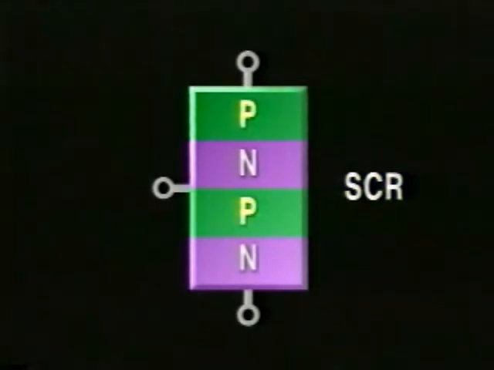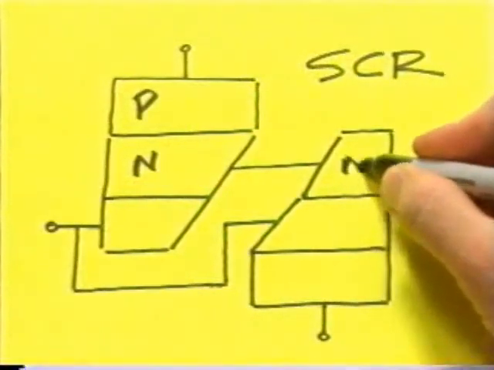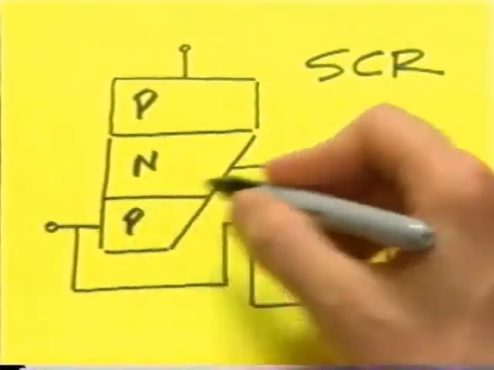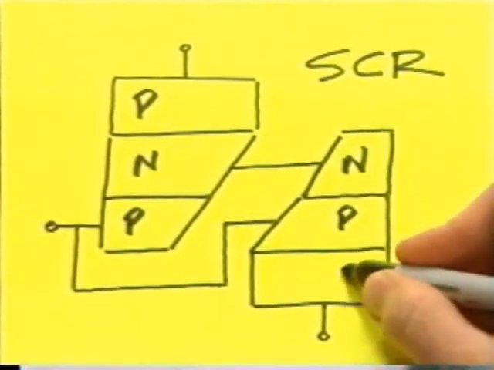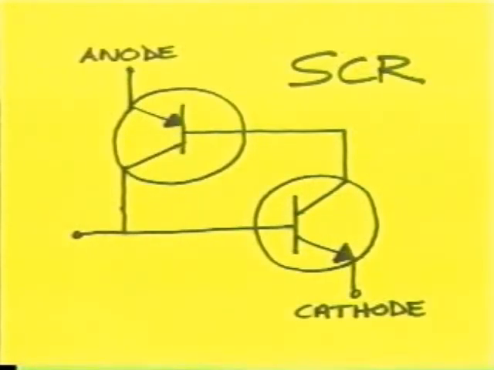The SCR is composed of alternating layers of P and N material. The 3 leads are identified as the anode, the gate, and the cathode. The semiconductor structure of the SCR simulates 2 interconnected bipolar transistors, one PNP and the other NPN. Here is an equivalent circuit for an SCR using 2 bipolar transistors.